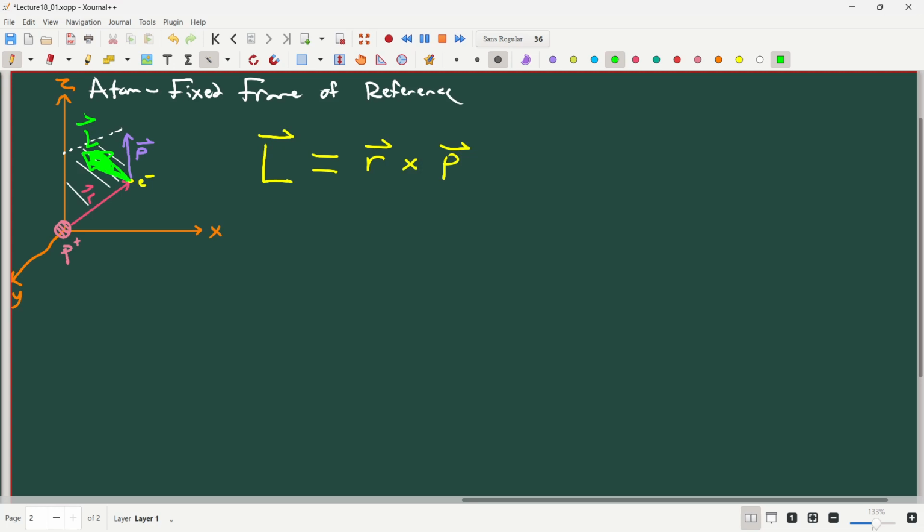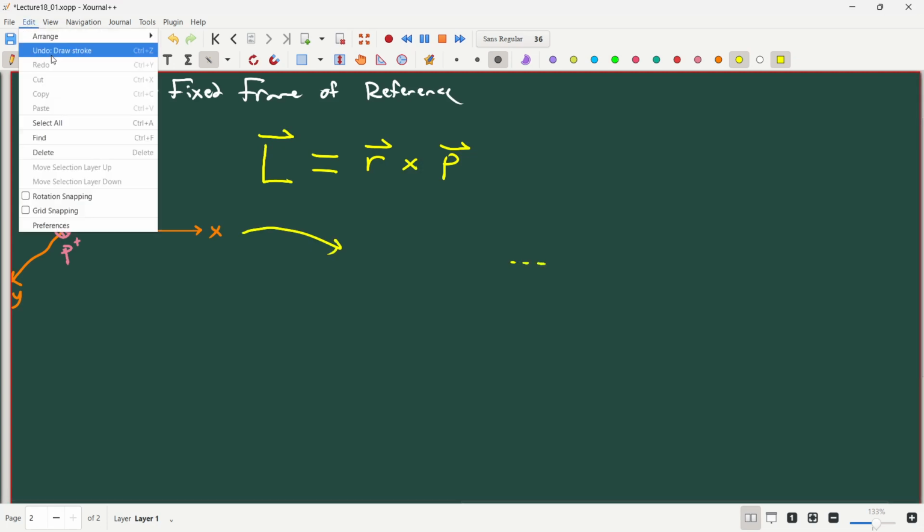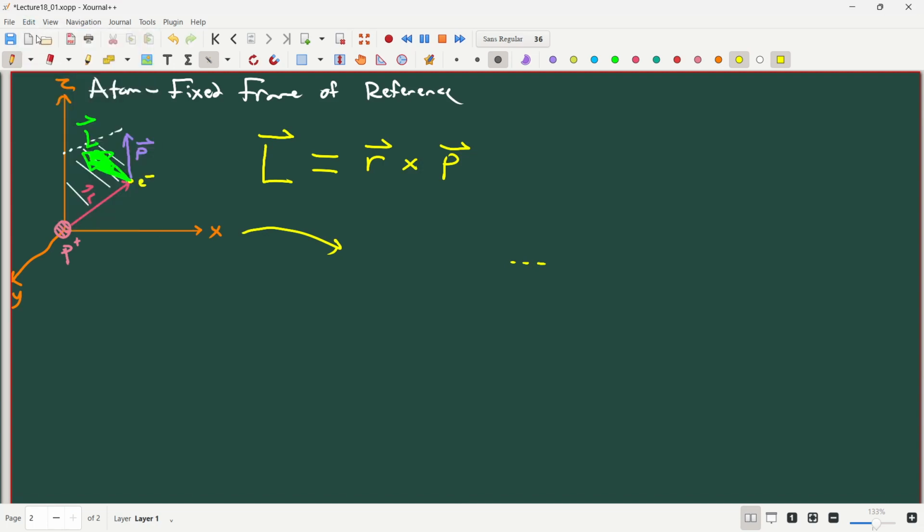All right, another way to look at this is that if we align our system along the angular momentum axis, what if I instead draw it like this? Just a sec, guys. This is going to be a tricky picture, but I'll do my best.